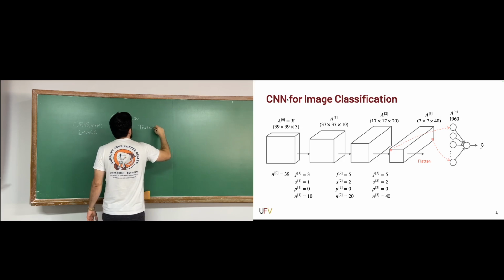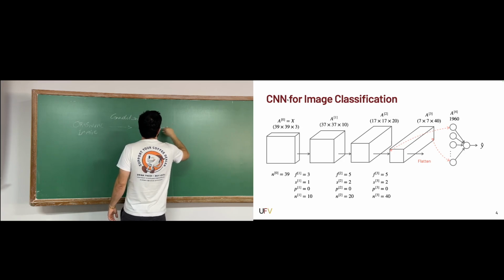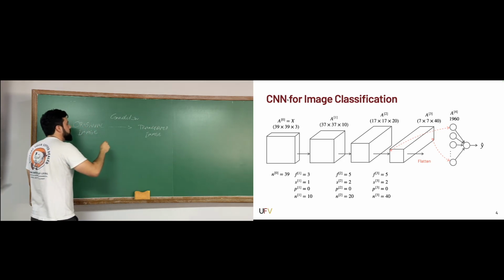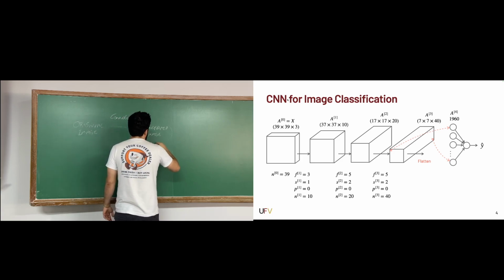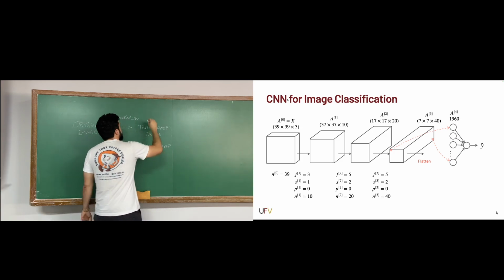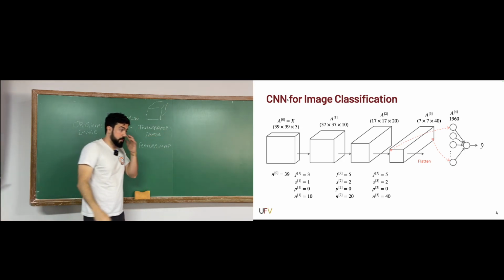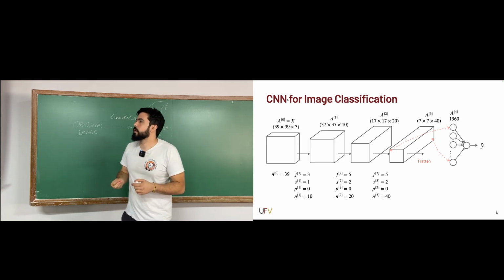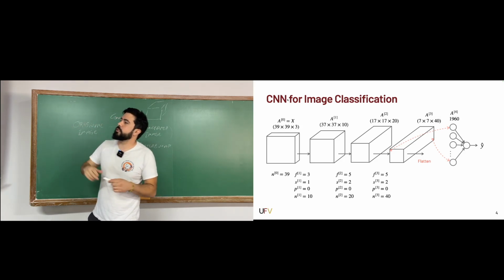This is a nice way of seeing the result of convolution as a transformation, but in computer vision, people call this output a feature map. So that volume that you see there, we can also call feature maps, because you're extracting features with convolutions. Every activation is a feature map that is the result of a convolution.